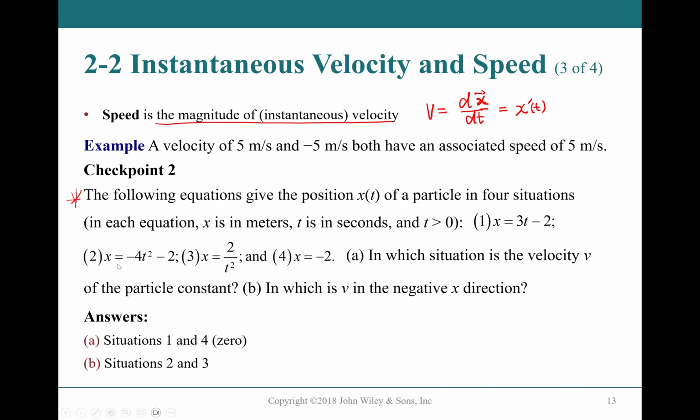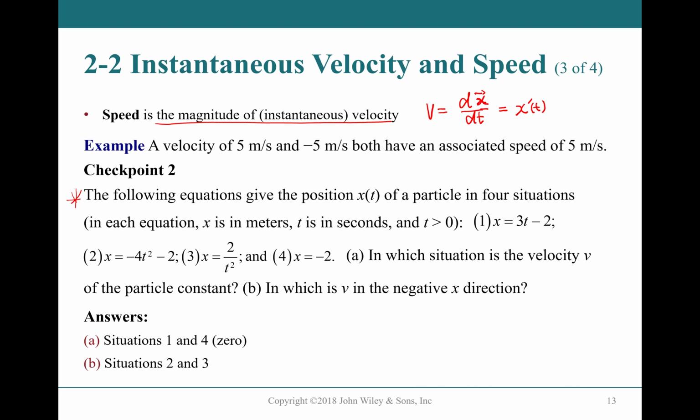The second is x equals negative 4t squared minus 2. The third is x equals 2 over t squared, and the fourth is x equals negative 2. The problem asks: A, in which situation is the velocity of the particle constant, and B, in which situation is v negative?